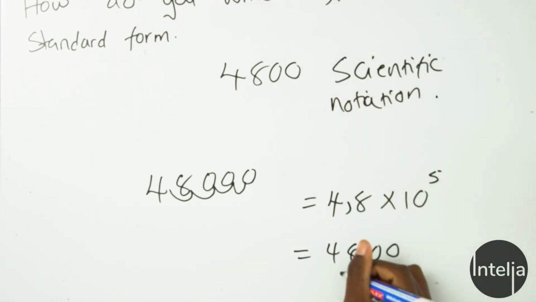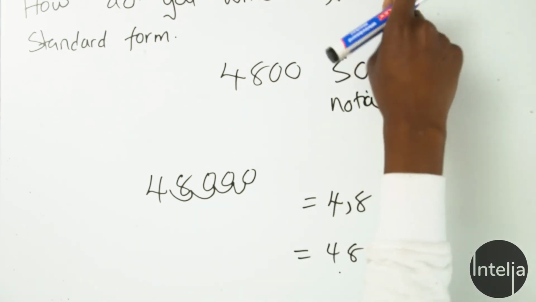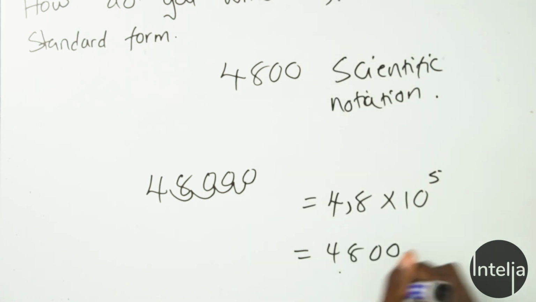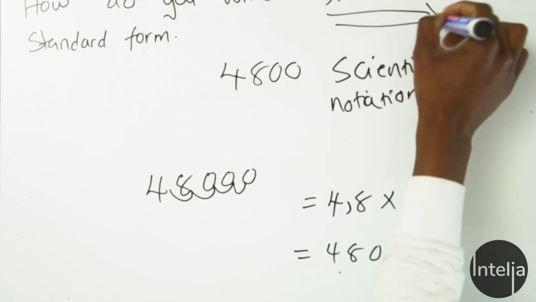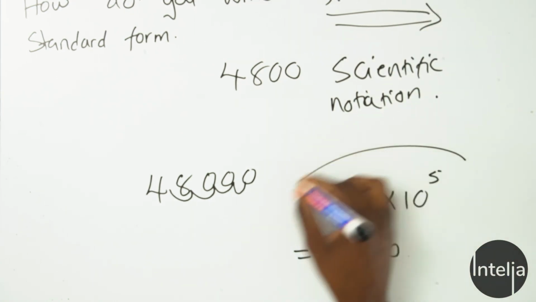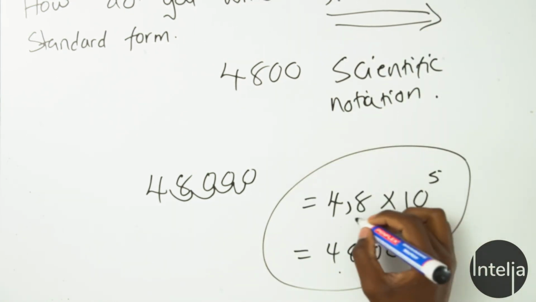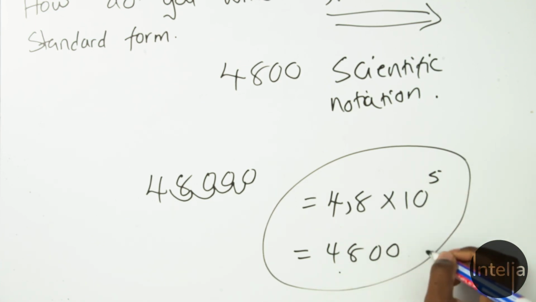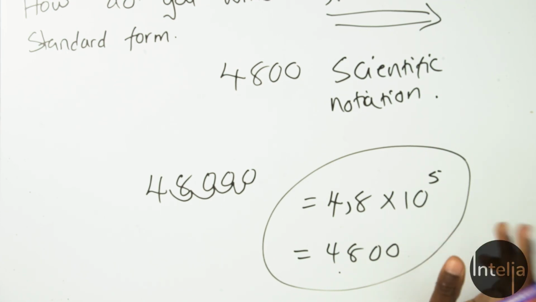And then you change the answer from standard form to scientific notation, like this. So this is your answer here: 4.8 times 10 to the power 5, that's 4,800. So this is how you convert your numbers to standard form and from scientific notation.